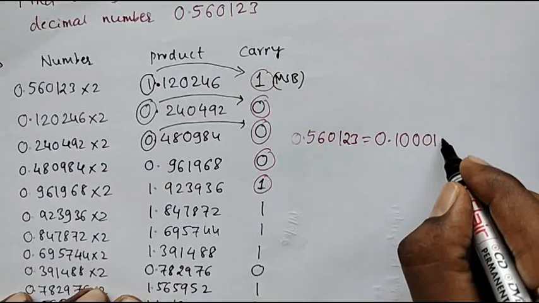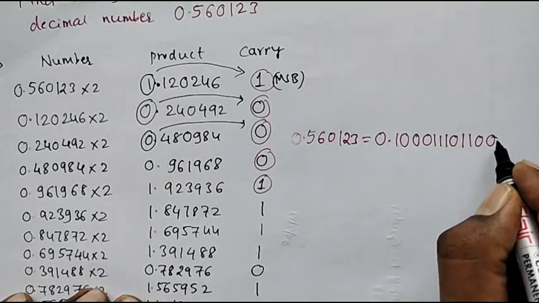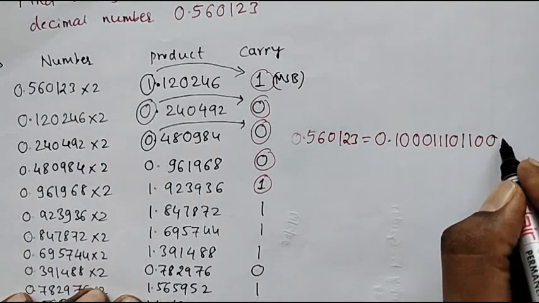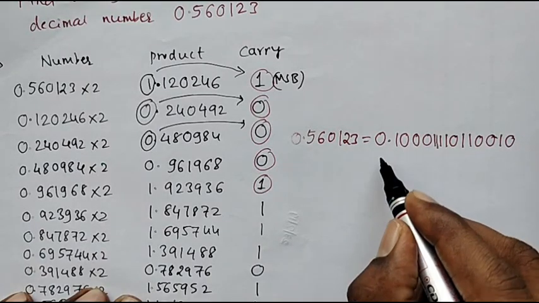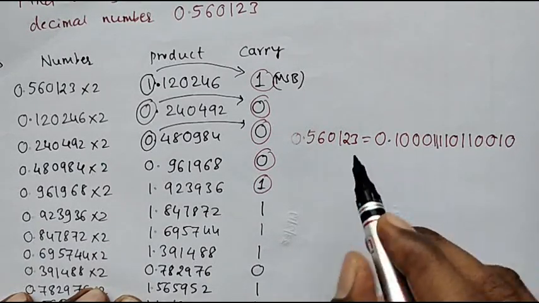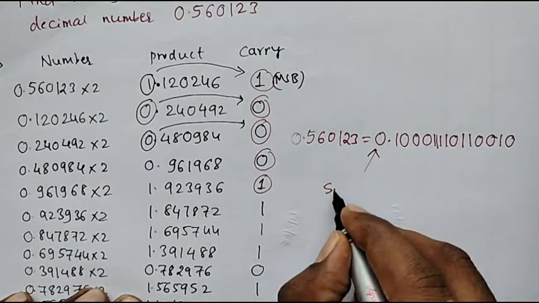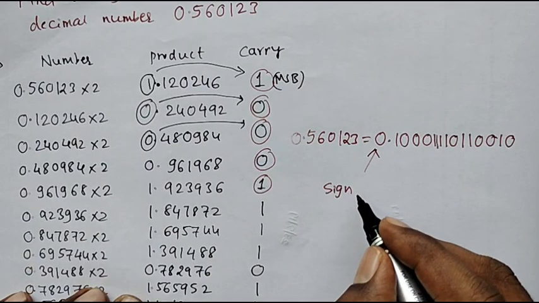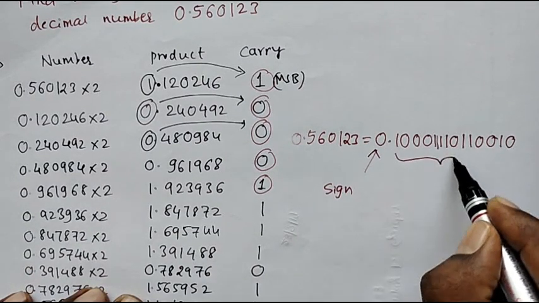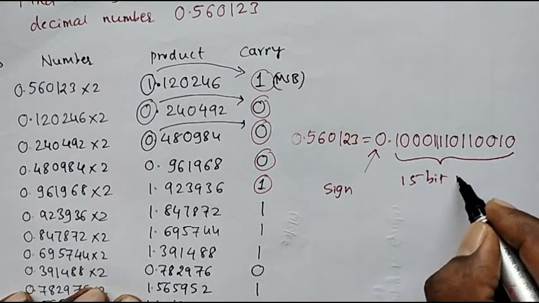We are supposed to write all the bits. So this is the Q15 representation of the given number. Here the sign bit is 0, which indicates the number is positive, and the remaining are the 15-bit magnitude.